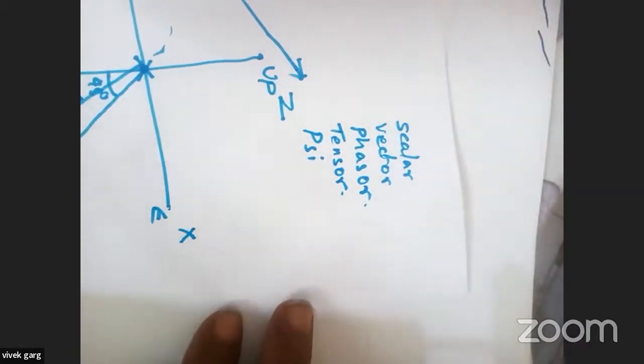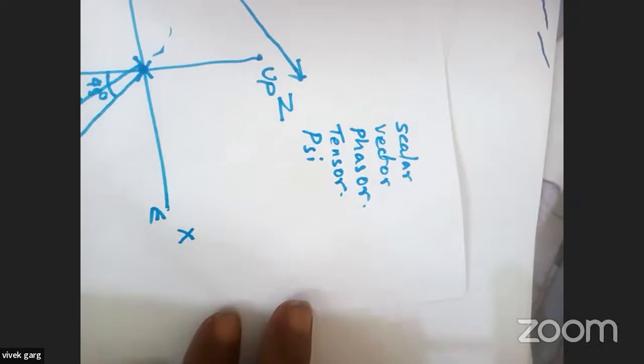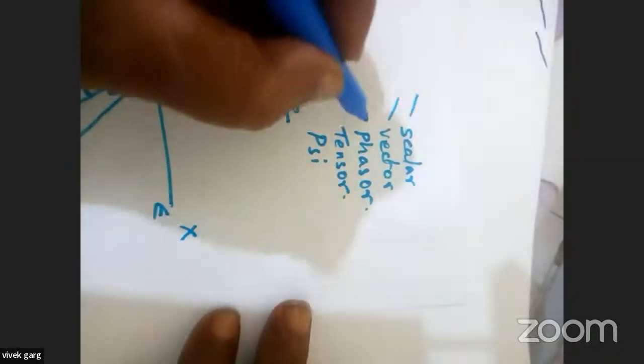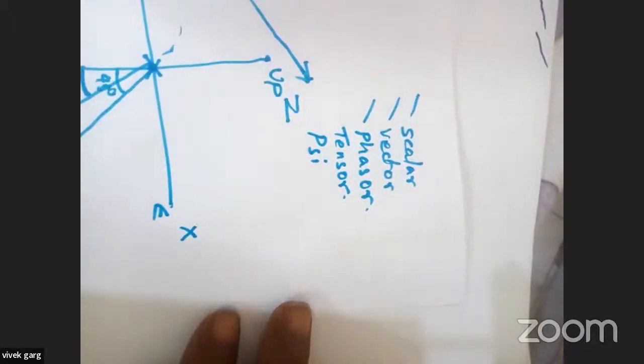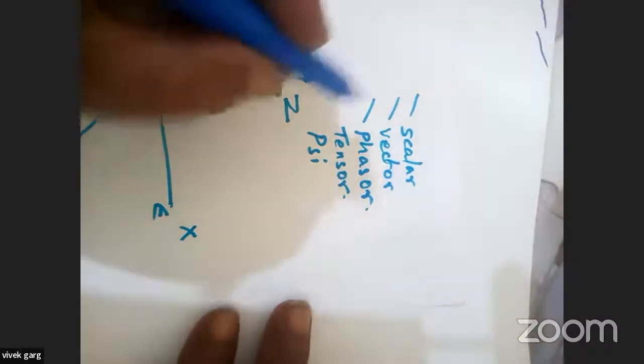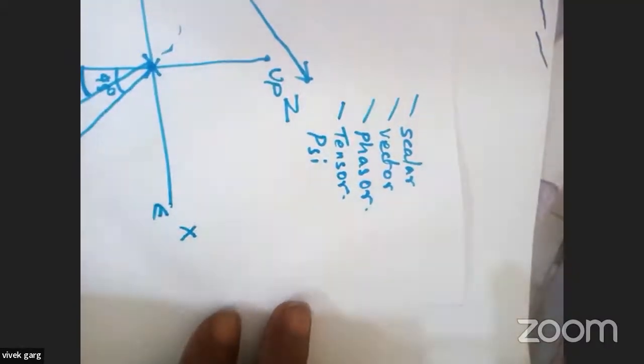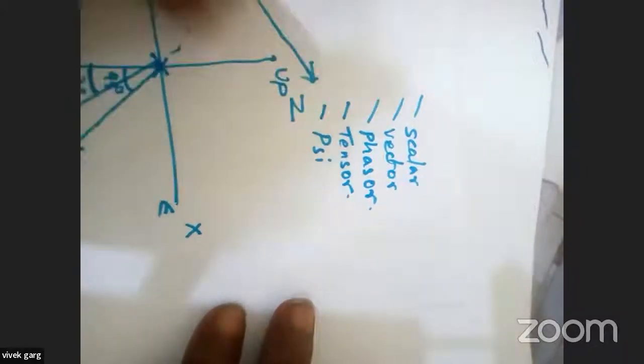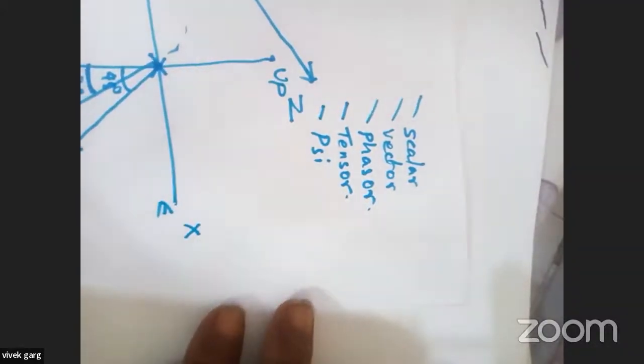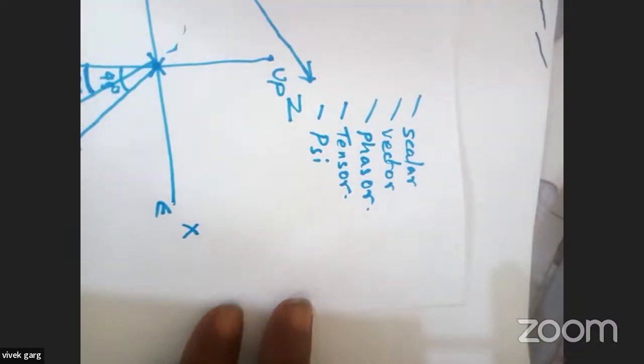There are 5 physical quantities when it comes to 11th standard, out of which scalar, vector, and phasor we will be studying in detail. When it comes to tensor, qualitative analysis only. And for psi, there's only one term where you will see a psi quantity. You need to memorize it and then forget about it. There will be no calculations or qualitative analysis about it.